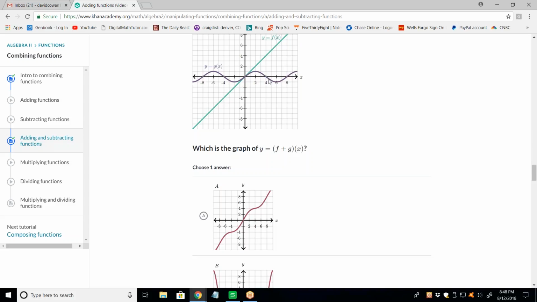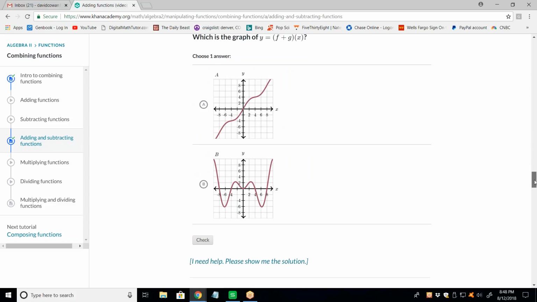Let's check another point. What is f plus g of 4? F plus g of 4 is, let's see, 0 plus 4, so it's just 4. Okay, that point's right. So far, my money's on A. Now, if I scroll down, obviously B does not work. Yep.